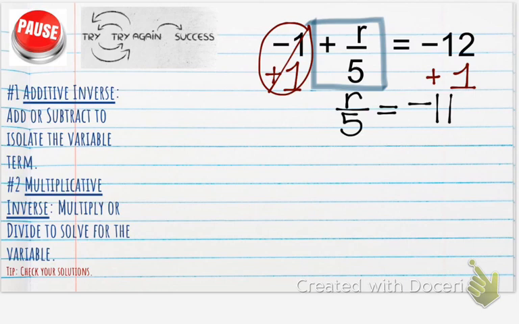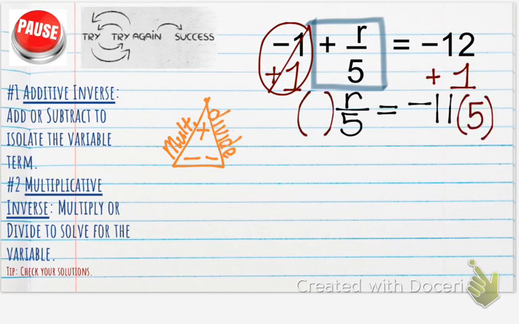Now what's happening here? We have the r divided by 5. What's the opposite of r divided by 5? If we're dividing by 5, the opposite would be, yes, multiplying by 5. Now remember, what you do to one side, you do to the other. So we get a 1 on r equals, now what's a negative times a positive? A negative.